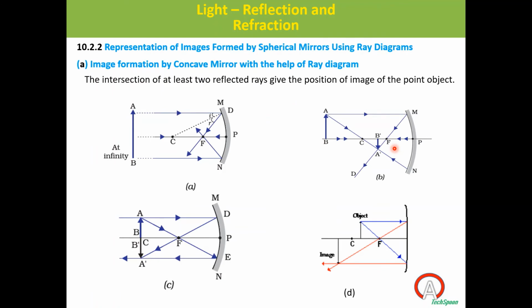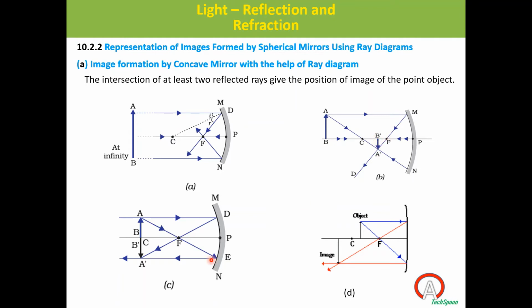the other nature. In the first case, you are getting a point-like image. In the second case, you are getting an inverted image, that you already found. But you see the size of the object and image, you compare the size. The size of the image is lesser than the object.